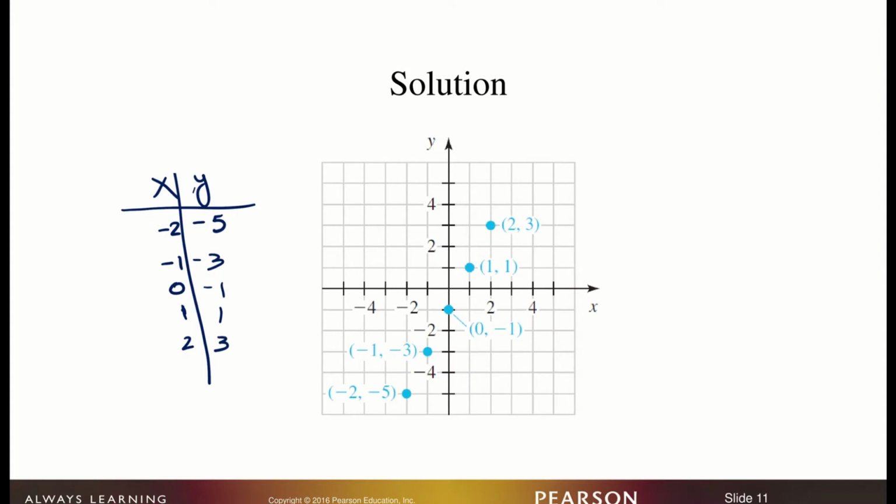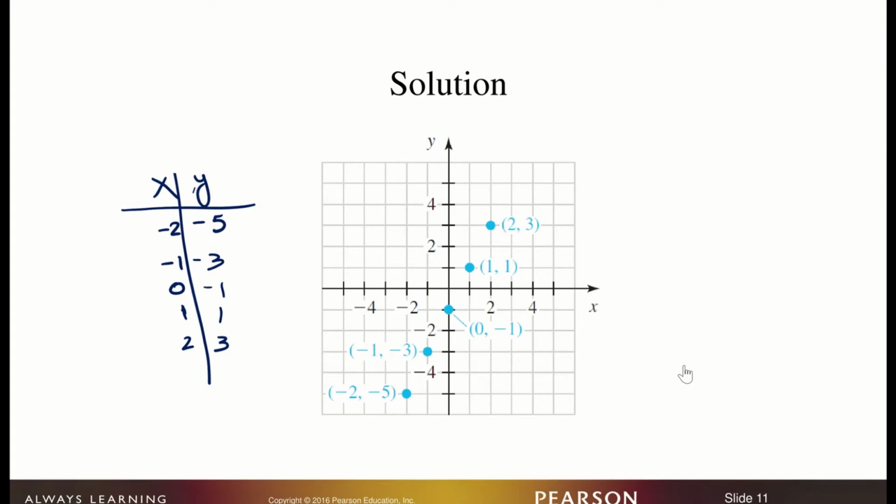Now, if you take the solutions that we found and plot them on a grid, just as we did on that previous example of y equals x plus 2, you'll notice that these will also line up perfectly in a linear fashion. Okay, so this is, again, not surprising.